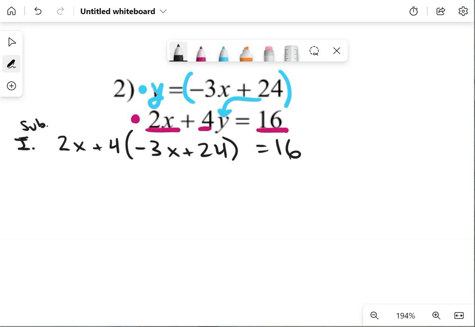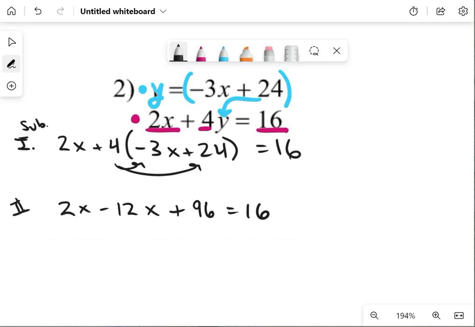This time, just distribute. So 2x minus 12x plus 24 times 4 is 96 equals 16. And then we just have to solve.